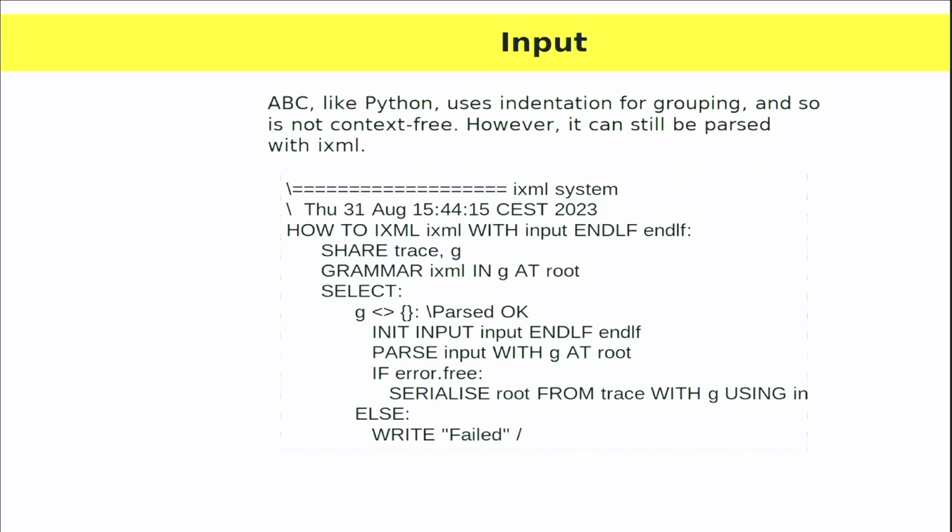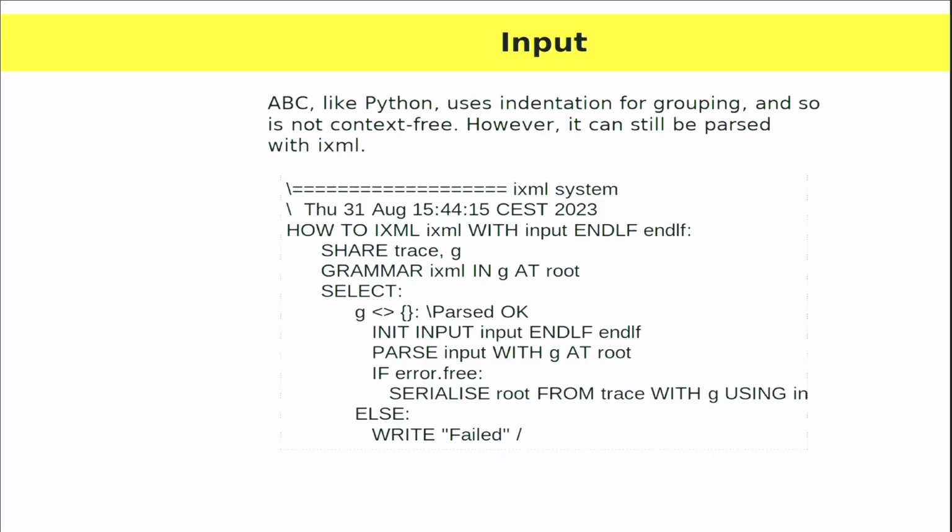So here, the first two lines there are comments, and then you've got the heading of the how-to, and then you've got several lines. And in fact, this is the top level for the processor. Grammar ixml says parse the ixml grammar and put it in G, G being the structured version of the grammar.